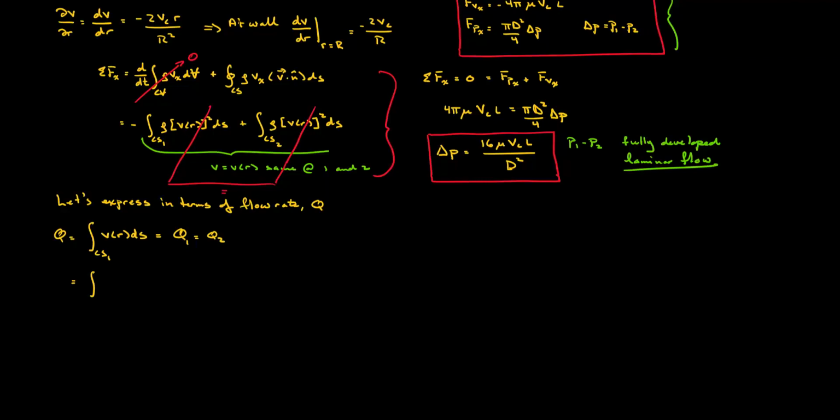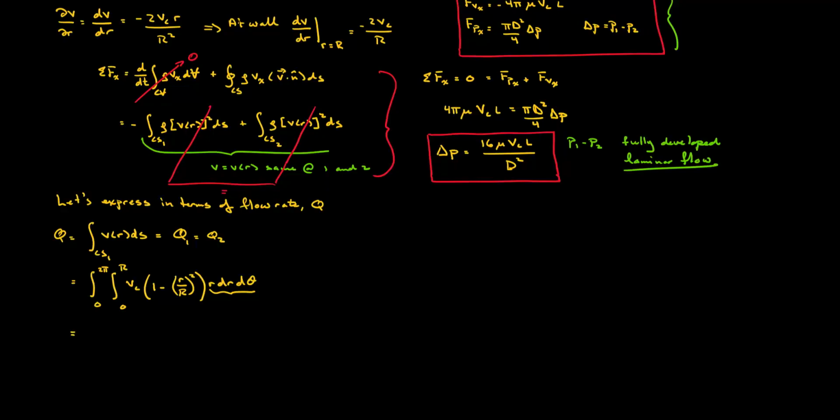The integral will take the following form. We have our known analytical velocity profile, which we multiply by the differential area given by r dr d theta.